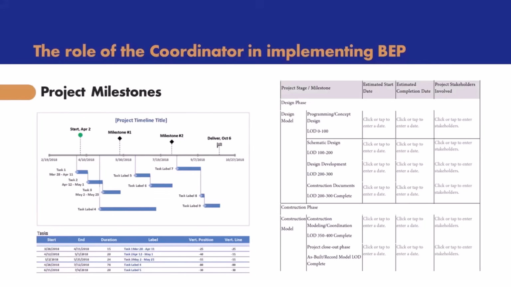If there is no PDF downloading step, the coordinator will recognize that it needs to be, and then it will inform the BIM manager, and after that the BIM manager will update BEP. Well, as I told you before, project milestones is a project schedule that we show in the form of a table in BEP.